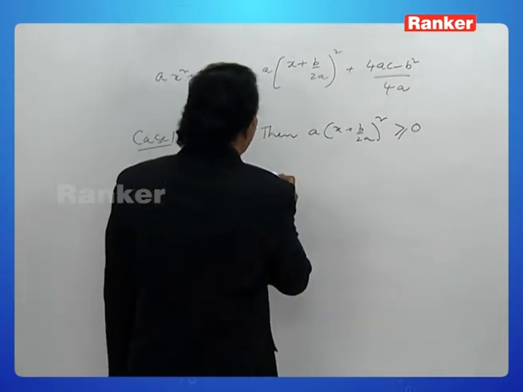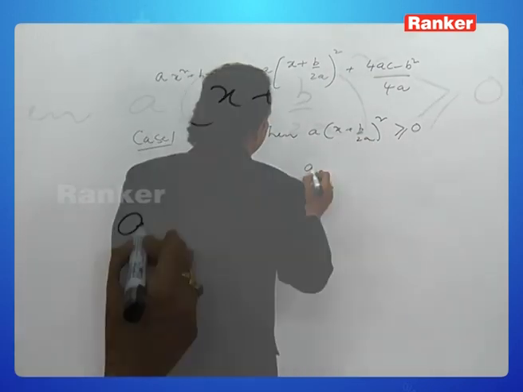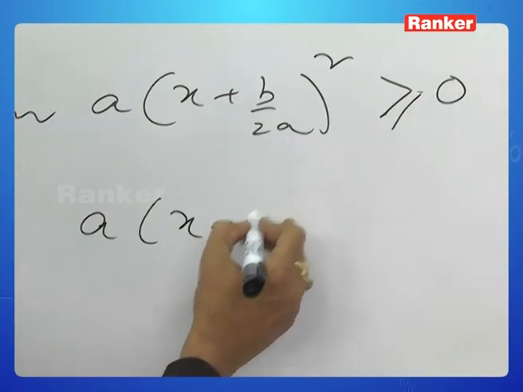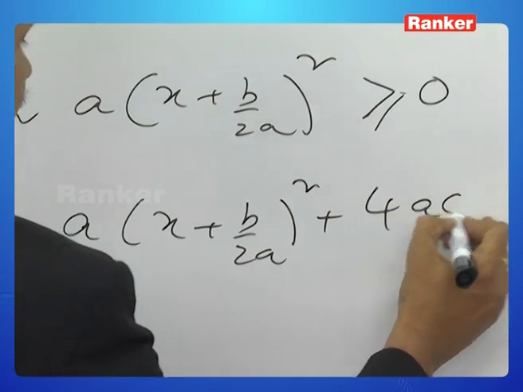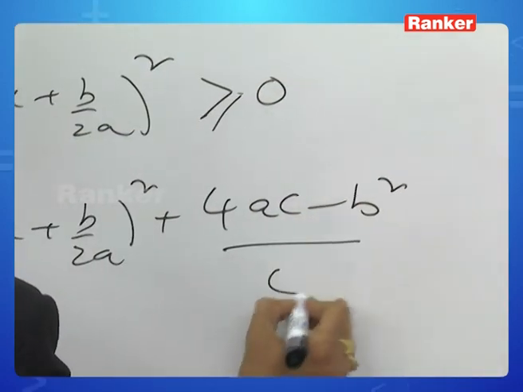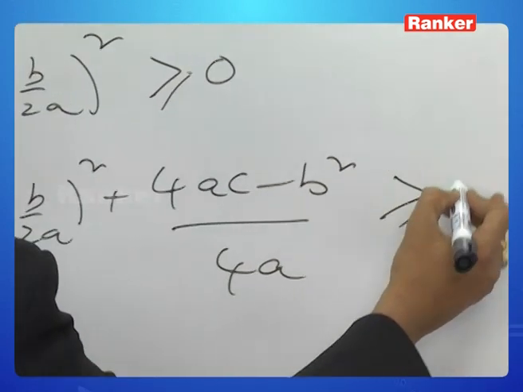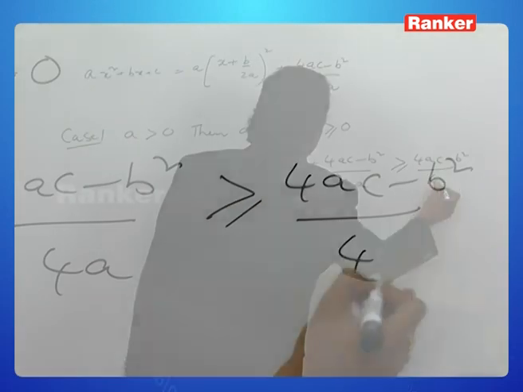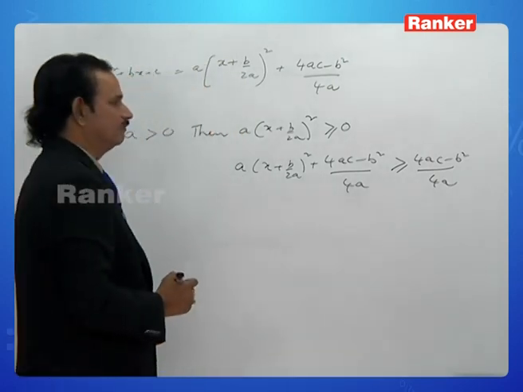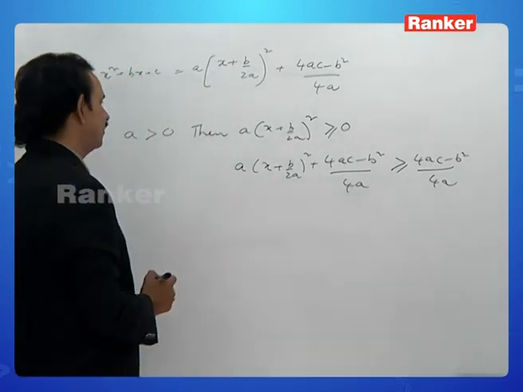Therefore, if you add the quantity (4ac minus b square) by 4a on both the sides, we shall be able to observe this entire expression is greater than or equal to (4ac minus b square) by 4a.